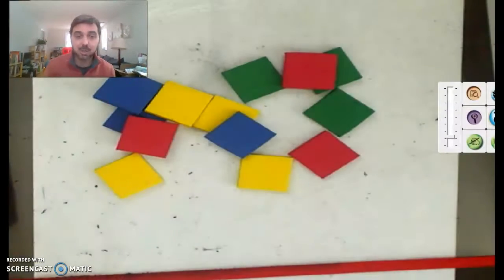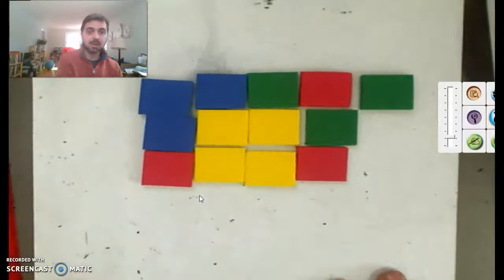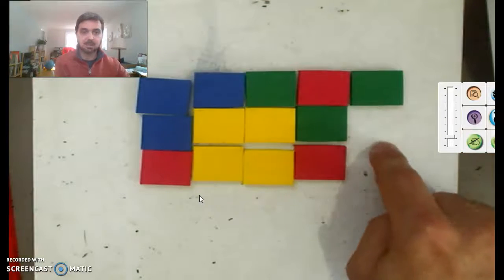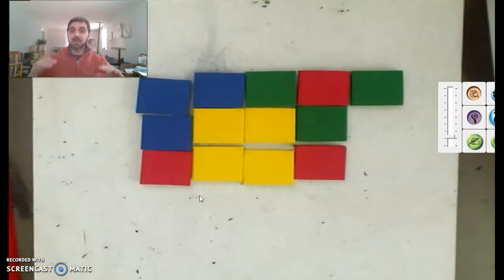Oh, sorry, you were just looking at me doing it. This is not a rectangle because look over here, it's missing a couple tiles, okay? So that doesn't work. But see how many you can make, all right? Take a couple minutes and come back and report out what you find, all right?